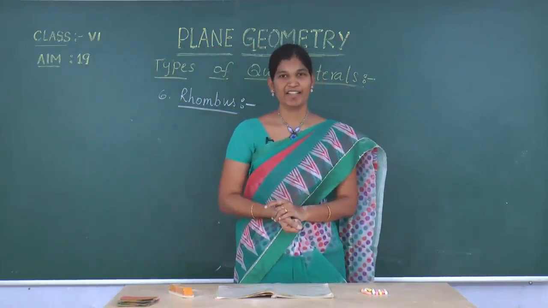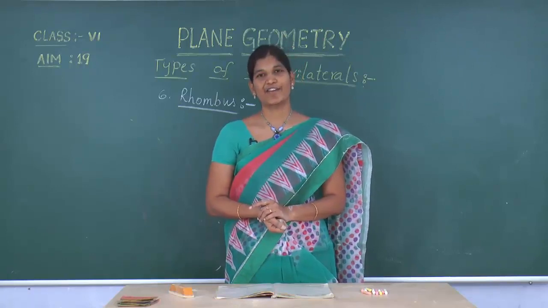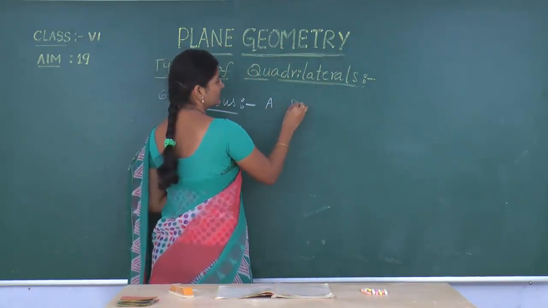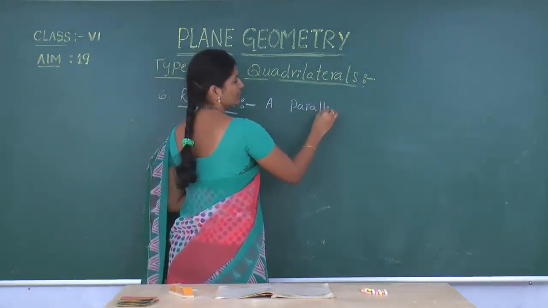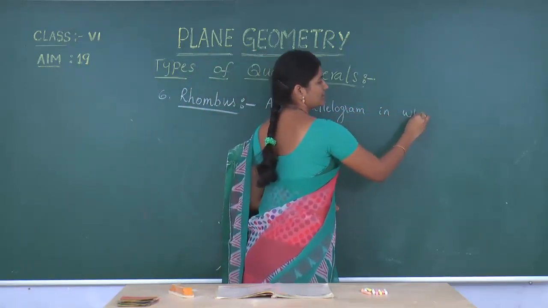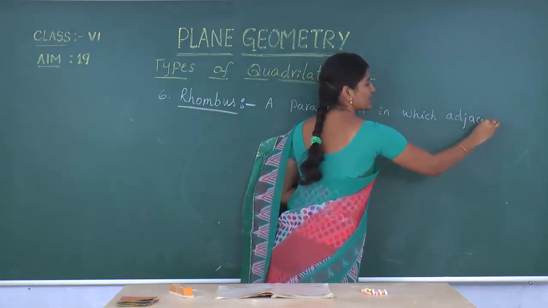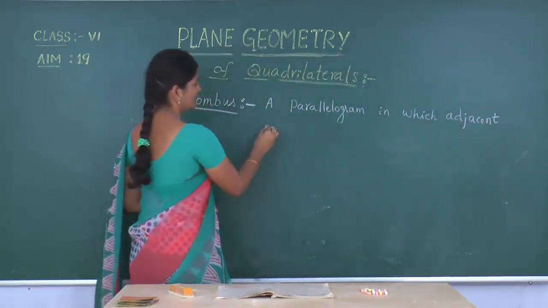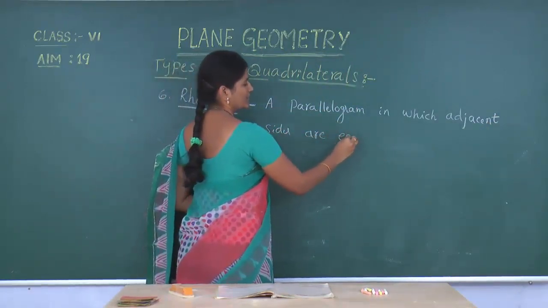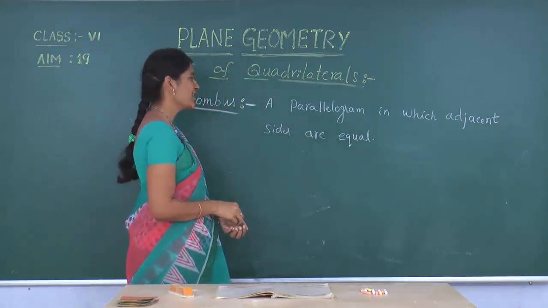A parallelogram in which adjacent sides are equal, then we can call it a rhombus.